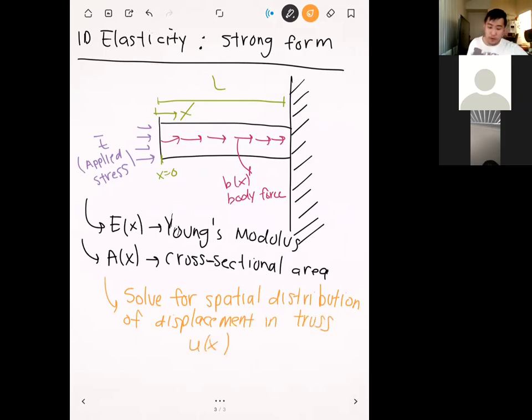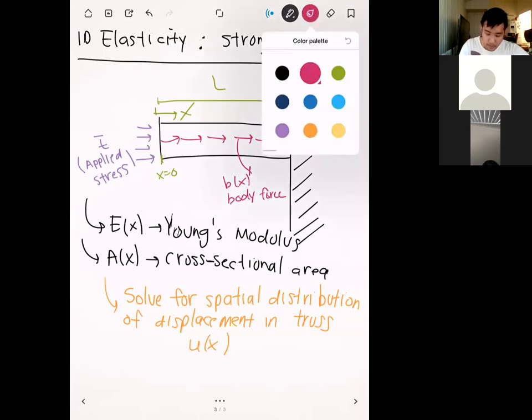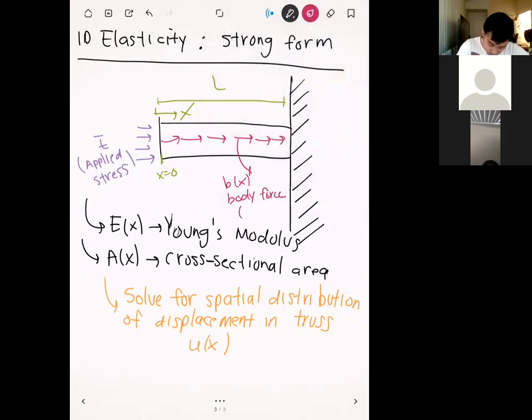In other words, we want to solve for the function u of x. One other small thing is that this body force right here has units of force over length, so it has the same units as a spring constant.